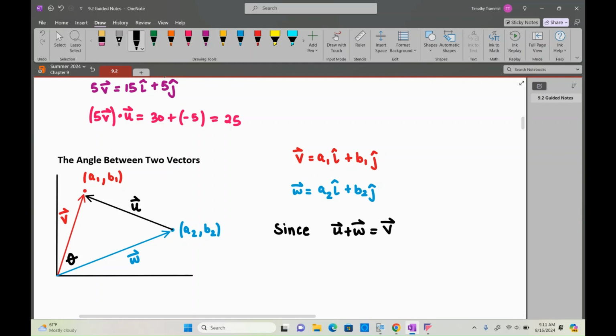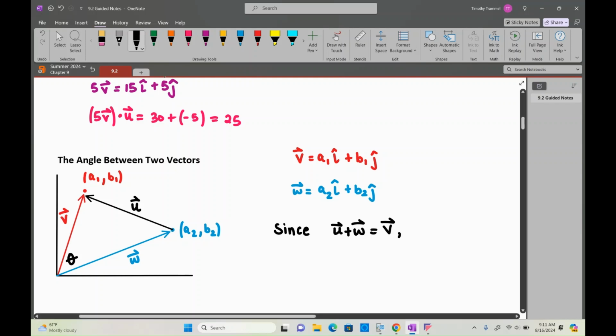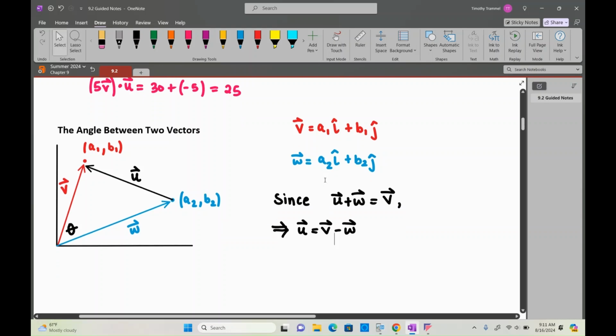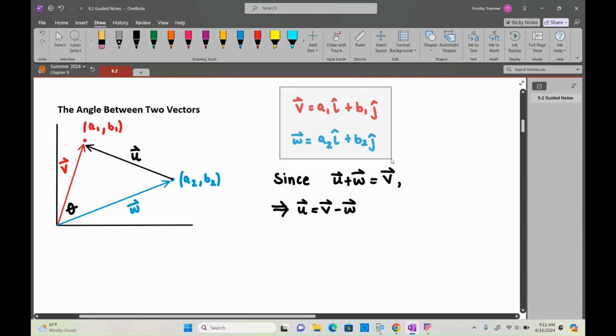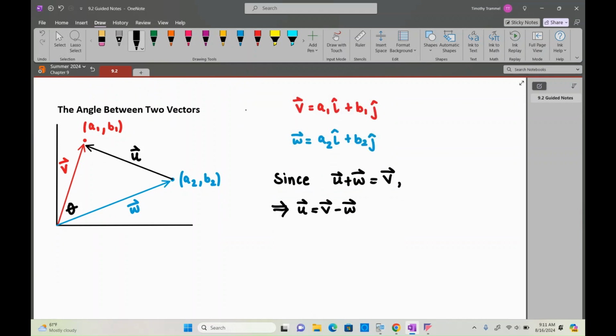I'm going to have us actually solve this for u. It's not clear why yet, but this u is going to be helpful to us. So if we start solving for u, this is just going to be u is equal to v minus w. And we know what v and w look like. So that means that I can actually rewrite this v minus w.